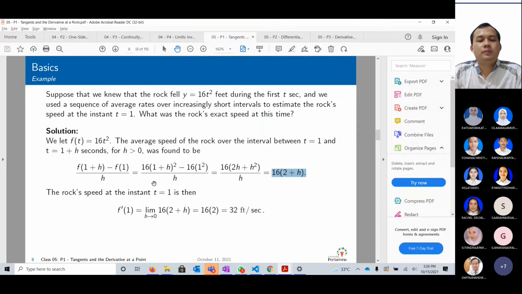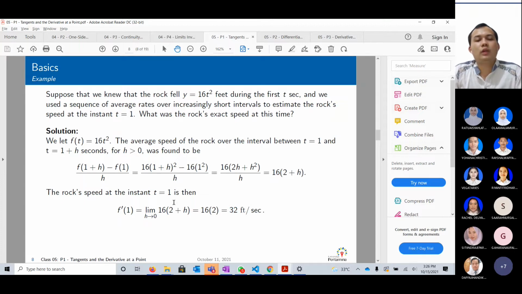So at time t equals 1, the speed is basically the first derivative of f. Jadi kecepatannya itu adalah turunan dari posisi, ya. The speed is basically 16 multiplied by 2 plus h as h goes to 0. So in this case, the speed is actually 32 feet per second.